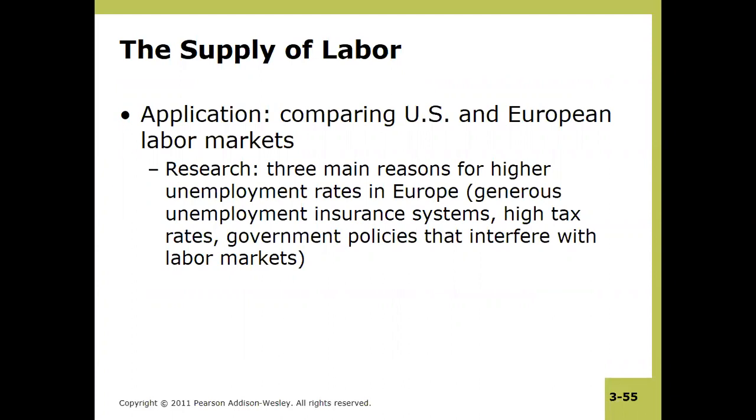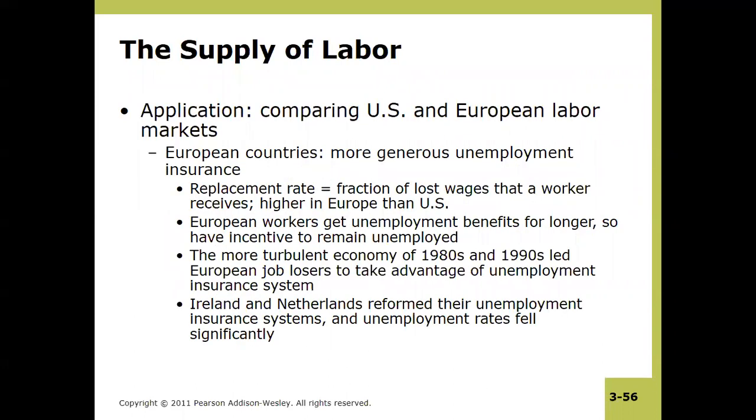First one is a generous unemployment insurance system. Second, high tax rates, and the last one is government policies that interfere with the labor market. When we are discussing the more generous unemployment insurance in European countries, we have some points here: the replacement rate, the fraction of the lost wages that a worker receives, is higher in Europe than in the US.